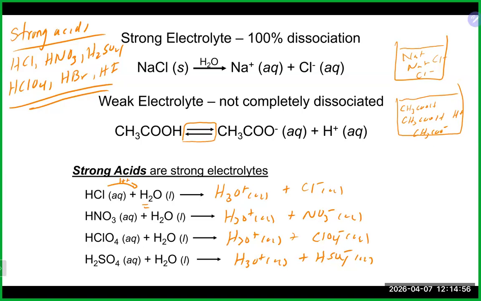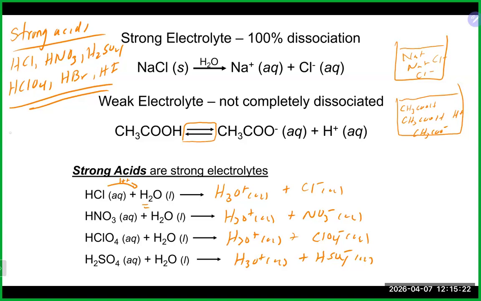Those are good ones to know for a couple reasons, because they are strong acids, but because there's only 6 of them, by process of elimination, it can also tell you what is a weak acid. If it's not one of those 6, it's a fairly safe bet that if it's an acid, it's going to be a weak acid. So knowing those is relatively important.